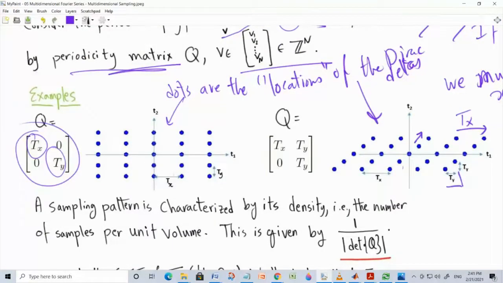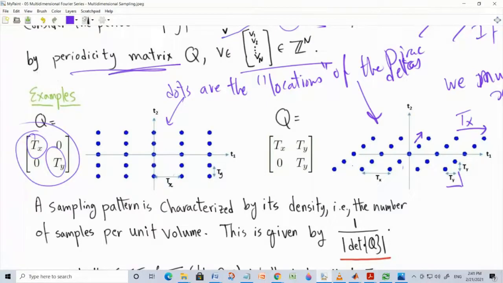Now, the sampling patterns are characterized by their density. Suppose that you have a continuous two-dimensional signal, defined continuously in terms of T1 and T2, and you want to take samples from it. So you ask the question, how many samples do I take per unit volume?